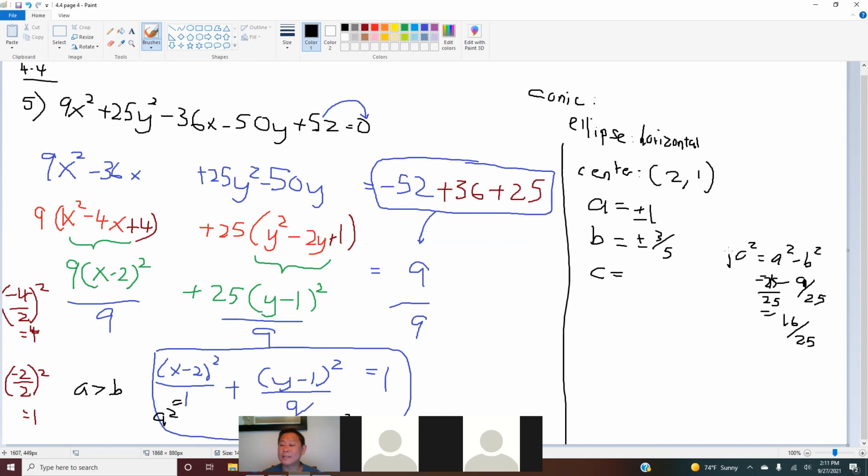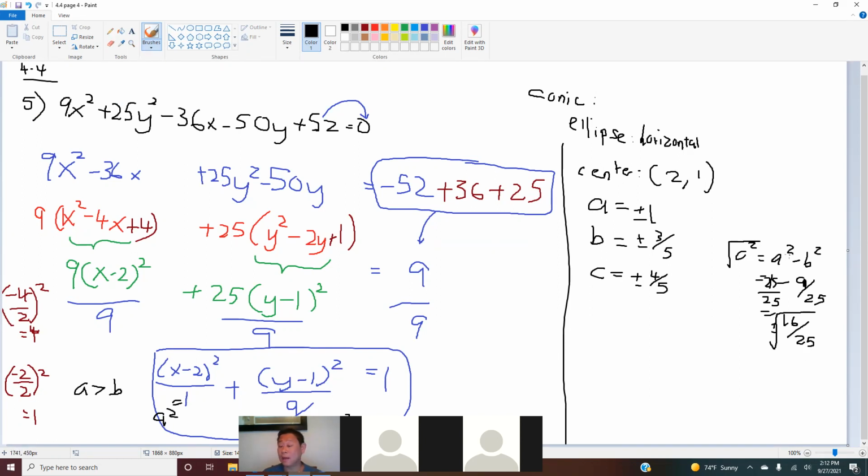And because it's a c squared, we're gonna get rid of the square, we square root it. So what is the square root of 16/25? 4/5. So this is how you do your ABC.